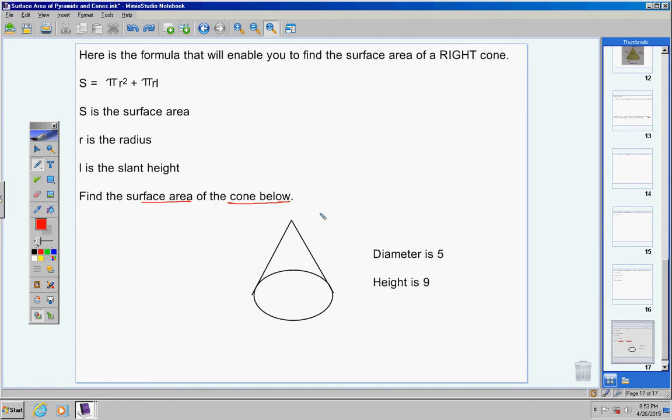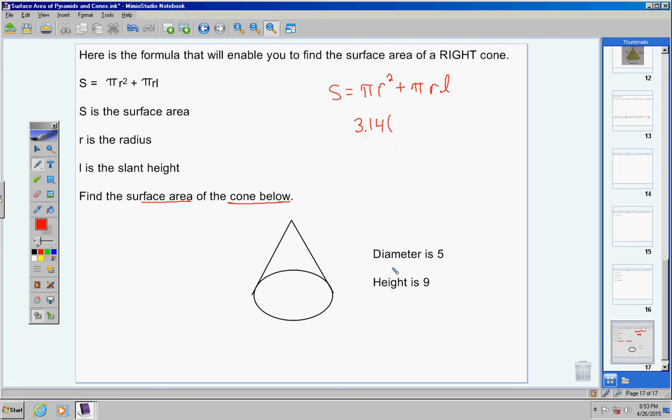Alright, here we go. Let's find the surface area of this cone right here. The formula's right here, so I'm going to write it again. S equals pi r squared plus pi r l. Well, for pi, obviously, I'm going to put 3.14.